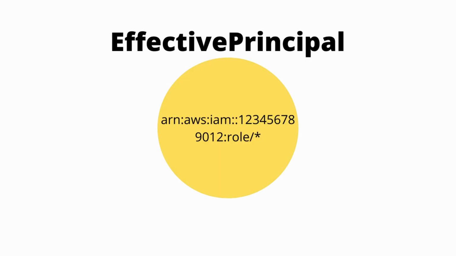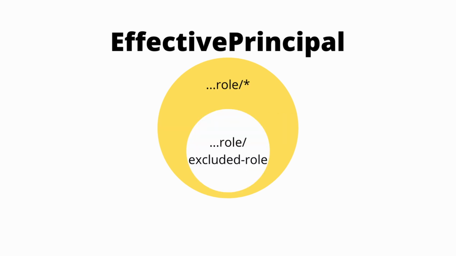Similarly, with effective principal, you can have an effective principal that includes all roles for a specific account, except for one specific role, or a wildcard, or any subset of the main inclusion.